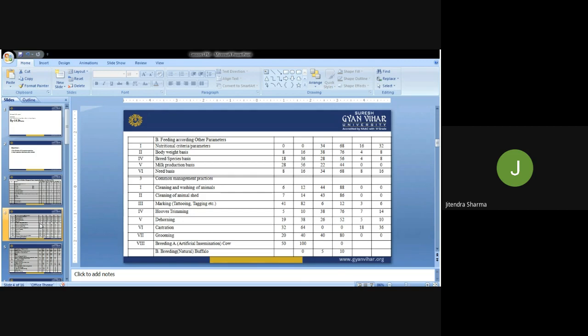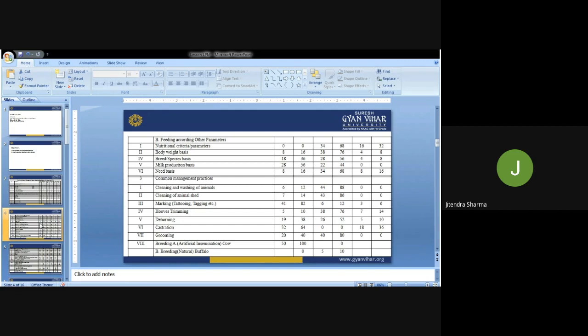On the basis of this information, 56% of farmers give feed and fodder on the basis of milk production. 44% also follow this practice partially, because they know this but are not aware of exactly how much to add per liter of milk. But they follow the principle that animals giving higher milk or more milk are given more feed ingredients.